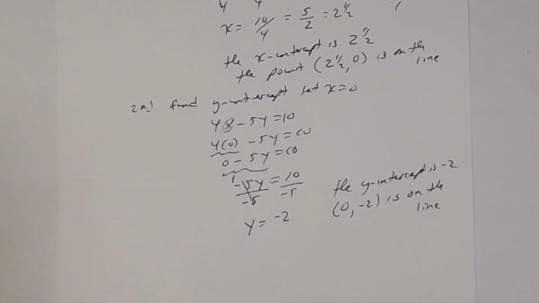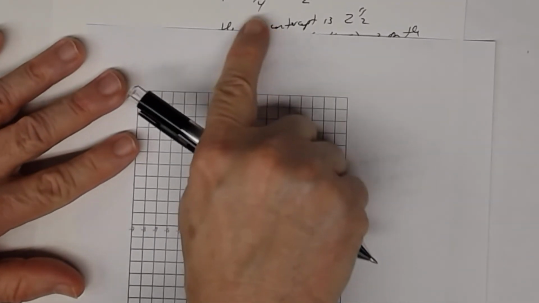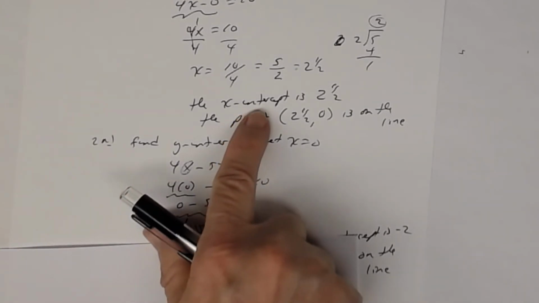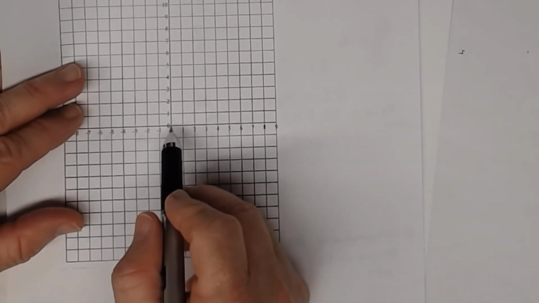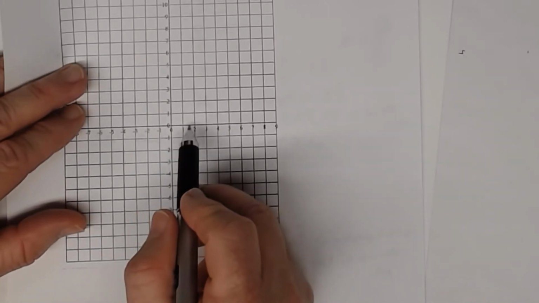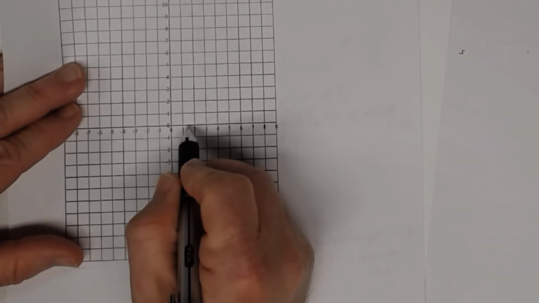And then we graph this, and watch how simple this is. It's not difficult at all. So let's go ahead and graph the, let me pull it down a little. So let's go ahead and plot the x-intercept, 2.5. So remember, that's where the graph crosses the x-axis. So here's 1, 2, and then a half. A half is always easy because you know where a half is between two numbers.